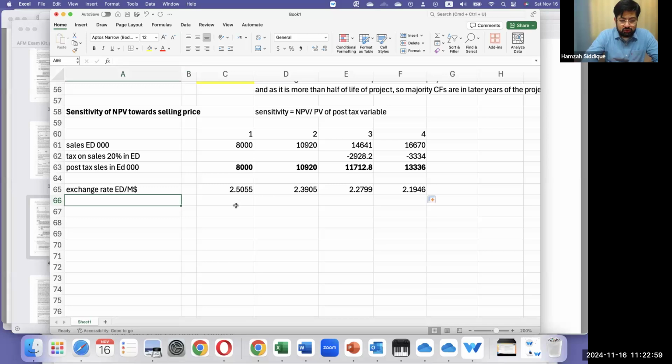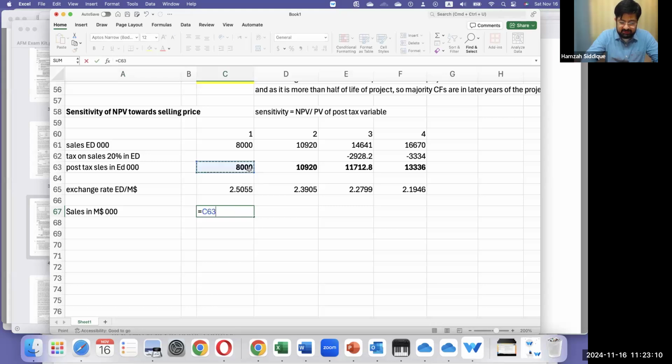Now it will be sales in Multic dollar, 3 round off. So this divided by this.